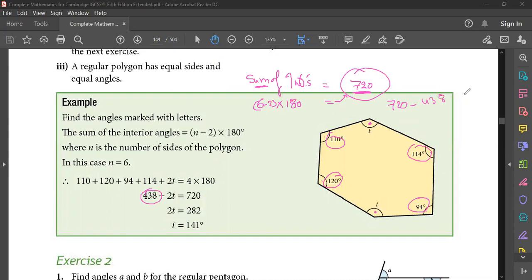That is the value of 2 angles of T. Means 720 minus this number, that's 282, equals 2T, divided by 2. So each T is 141.